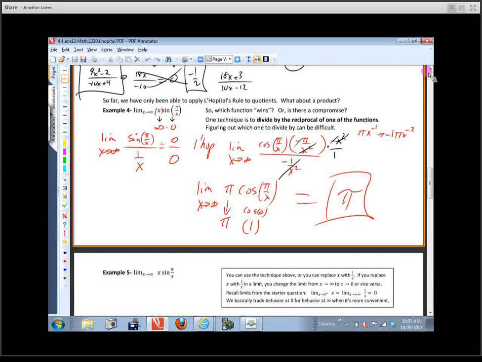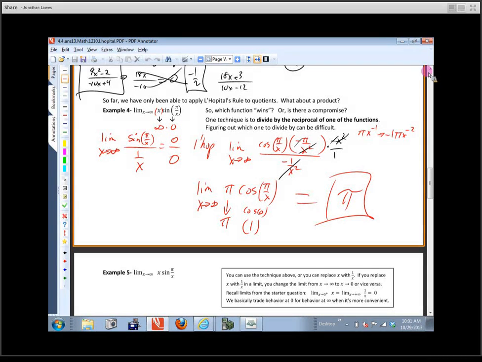So on this example right here, the textbook goes through this technique where we can change this from the indeterminate form infinity times 0 to, remember, L'Hopital's rule only works on a ratio of 0 over 0 or infinity over infinity.